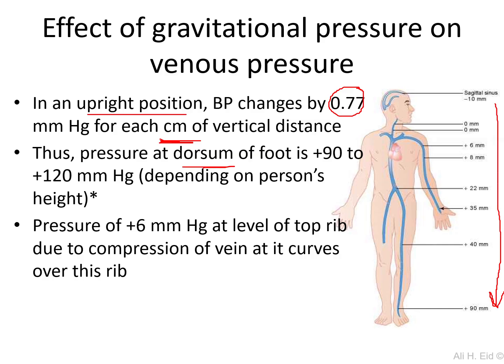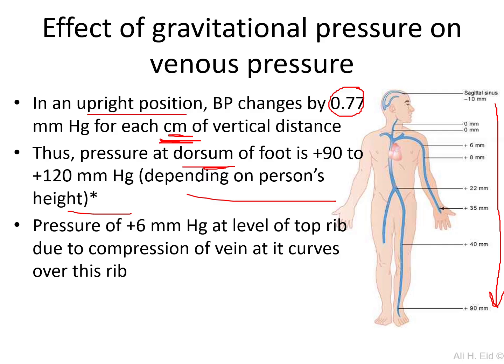The pressure at the dorsum of the foot is 90 to 220 millimeters Hg higher than that in the veins of the neck, depending on the person's height, because it is related to every centimeter of vertical distance. And keep in mind that we are assuming that the right atrial pressure is 0 in this case.